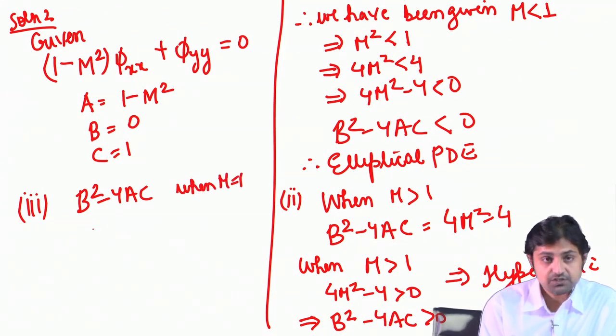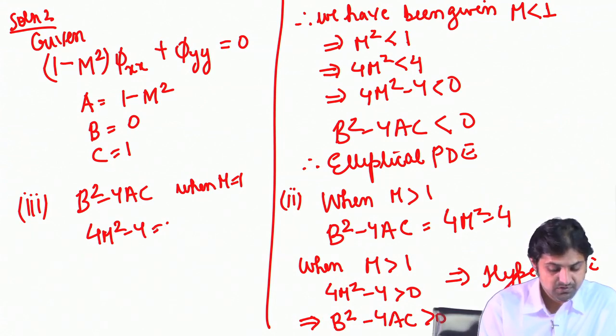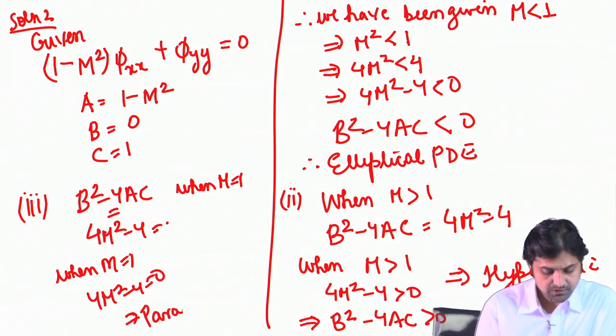So b square minus 4ac came out to be 4m square minus 4, right? So when m is equal to 1, 4m square minus 4 is equal to 0. This means it is a parabolic partial differential equation.